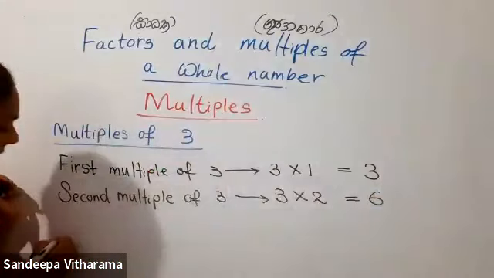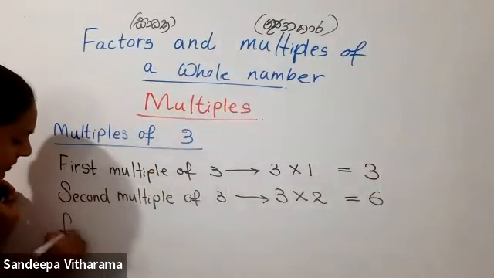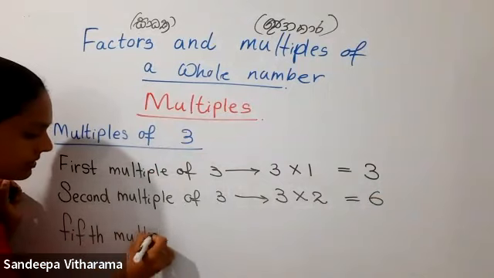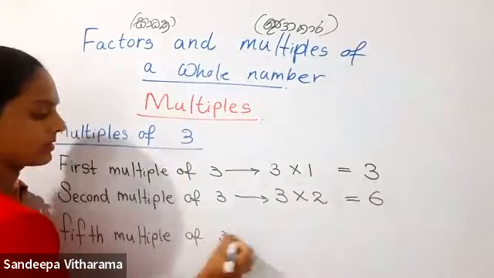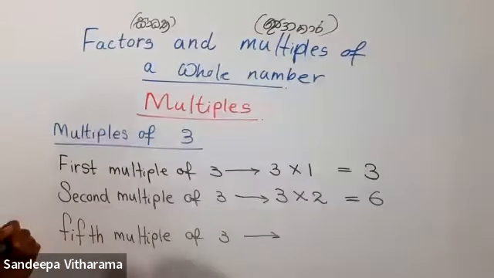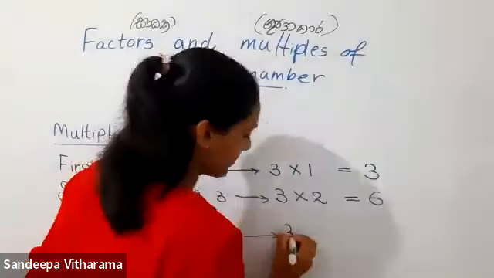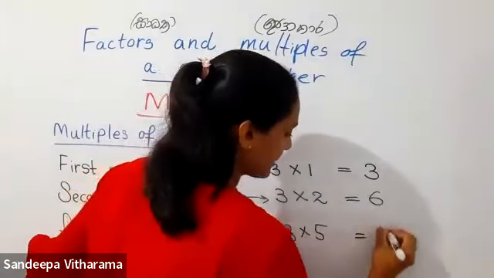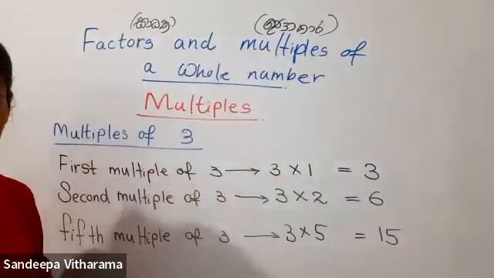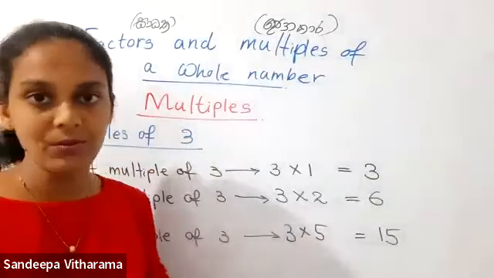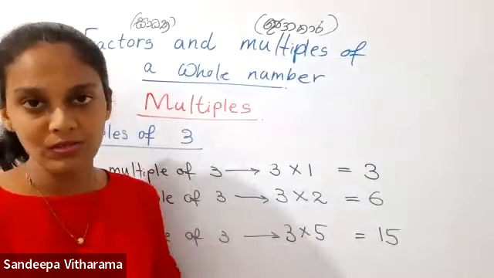Then I want to know what is the fifth multiple of 3. It is 3 into 5. Answer is 15.